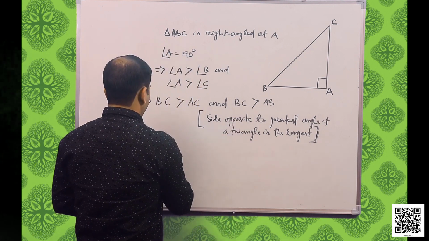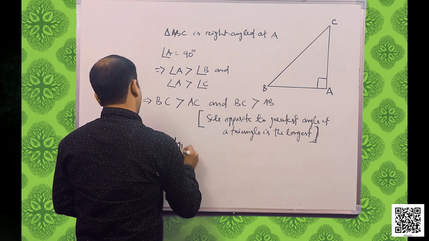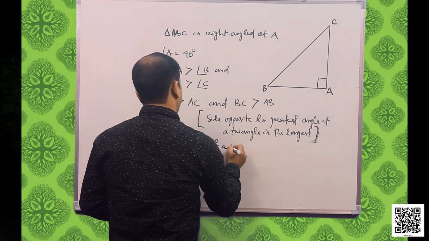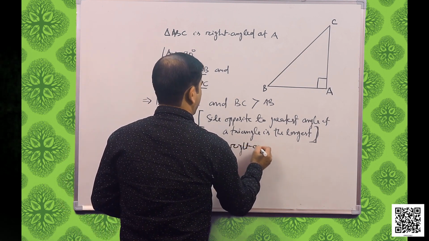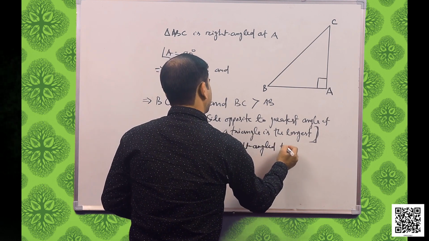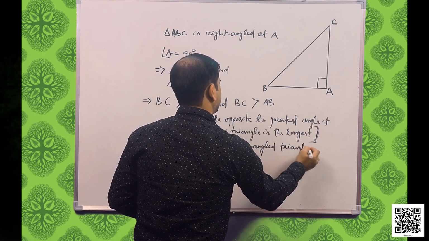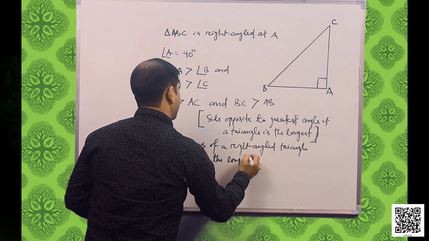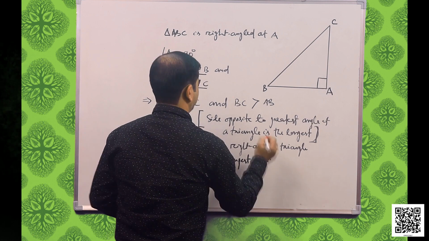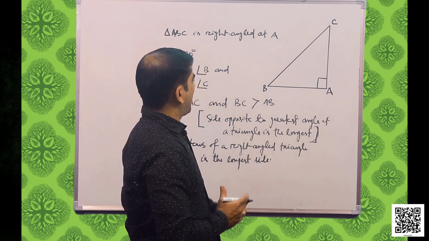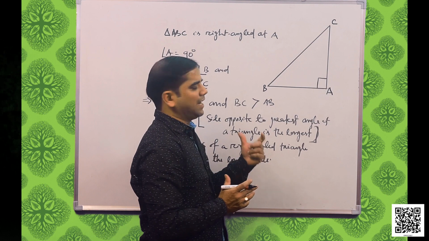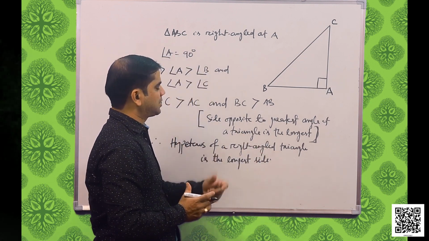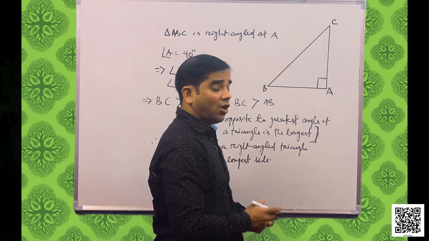So, that's why we can write that the hypotenuse of a right angled triangle is the longest side. See, we used a diagram of triangle ABC and we have come to the conclusion that the hypotenuse of a right angled triangle is the longest side.